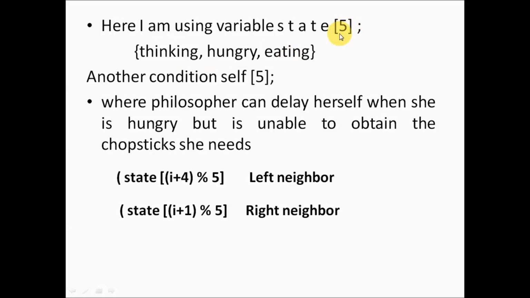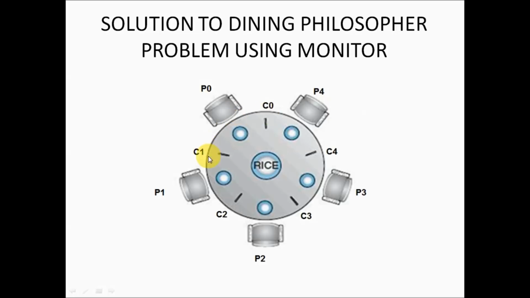So how many philosophers are there? 5 philosophers. Along with that, I am using another variable called self. The self condition can be used by all the 5 philosophers. Why will they use it? A philosopher can delay herself. A philosopher has to wait when hungry but unable to obtain the chopsticks, because for a philosopher to eat, they need the 2 adjacent chopsticks.